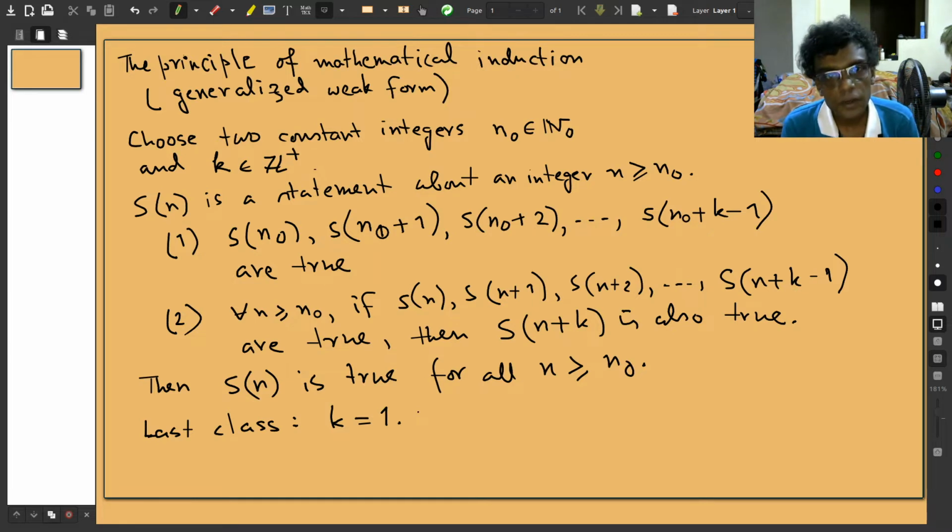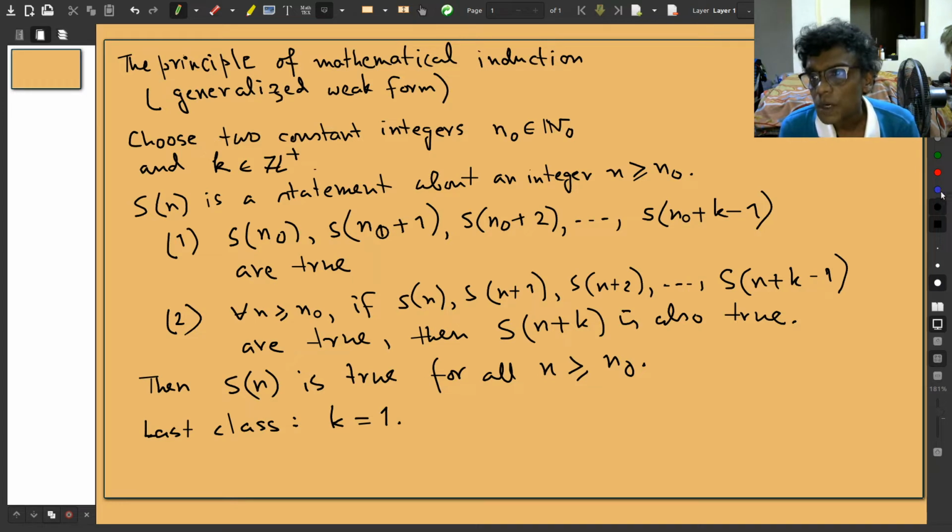Instead of assuming just one thing, I am assuming k things at the beginning, and whenever the consecutive k things are true, then the k plus first one is also true. So this is again a weak form, but just a generalization because I am introducing this k. Earlier it was only 1.